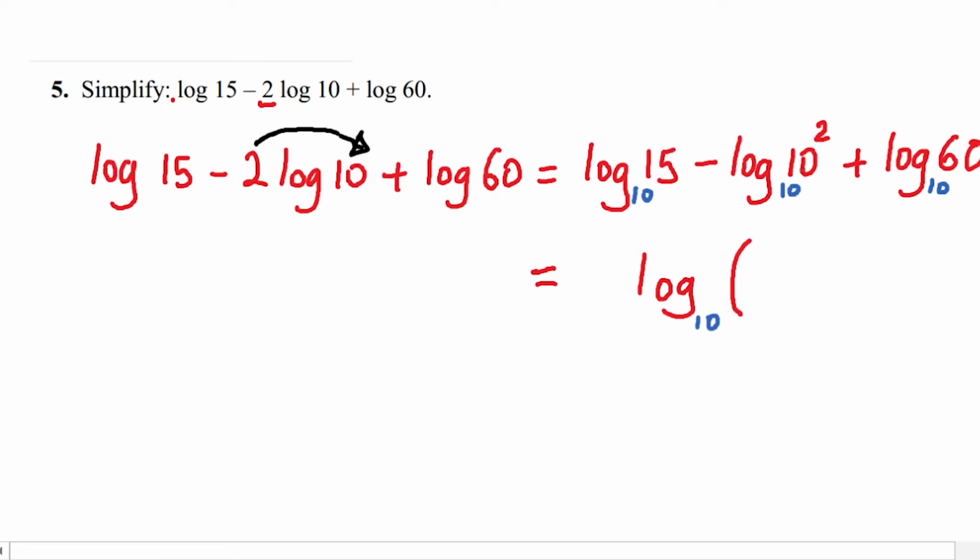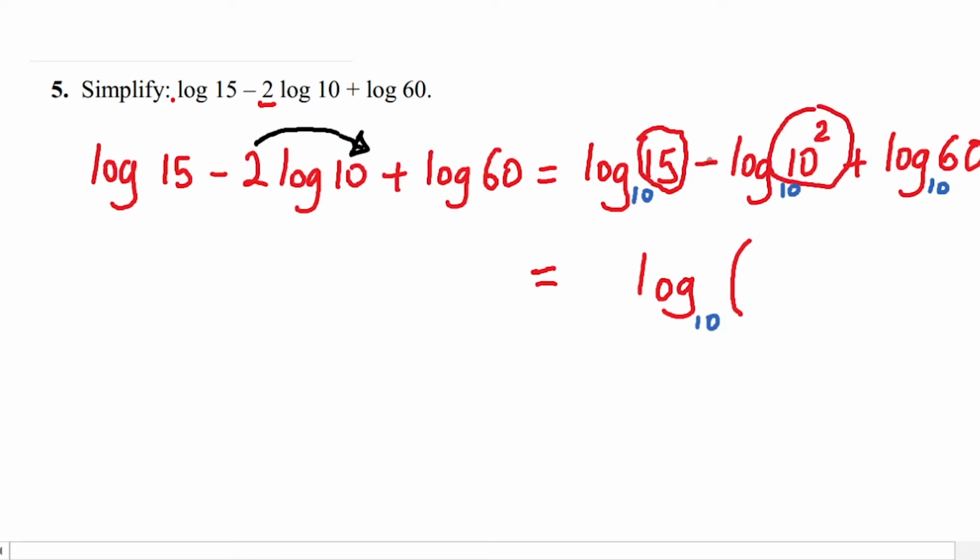So we have 15 minus 10 plus 60. According to the laws of logarithms, when you're subtracting two numbers of the same base, we divide the numbers. So here we have 15 and 10 to the power 2.